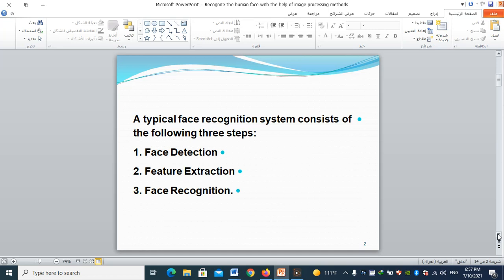The second one is feature extraction. It is a type of dimensionality reduction where a large number of pixels of the image are efficiently represented in such a way that the interesting parts of the image are captured effectively.